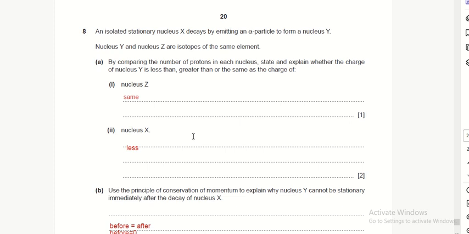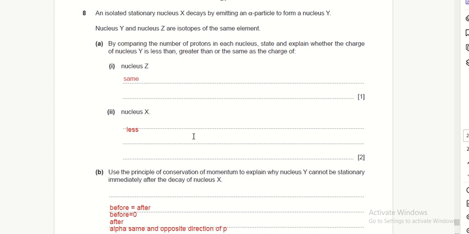Nucleus X decays to Y by alpha emission. If Y and Z are isotopes, how does Y compare to Z in terms of charge?